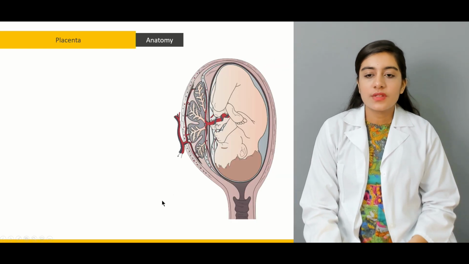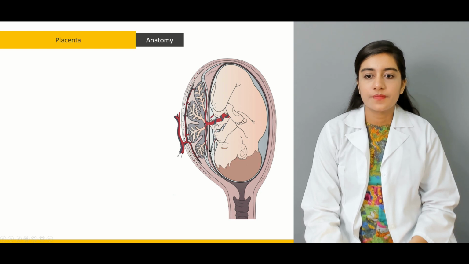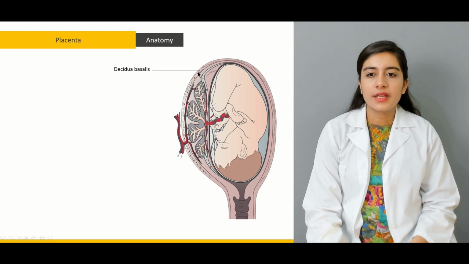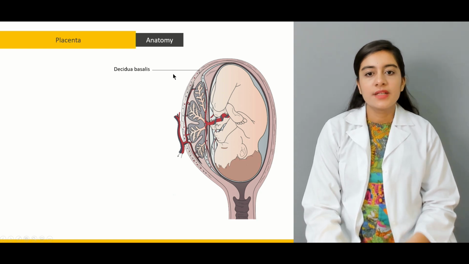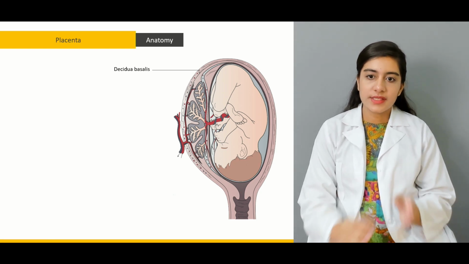Okay, so now starting to see the anatomy. This portion is showing us the placenta. The red portion over here is the umbilical cord and this obviously is the fetus. The first thing, the outer part, is the decidua basalis. Decidua is the part that is facing the mother's side.